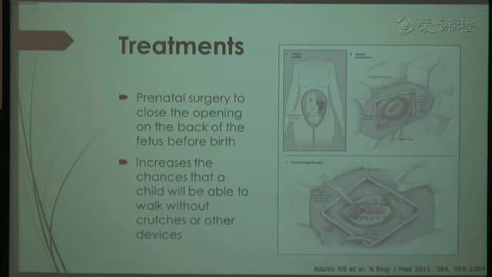They found that it's better to do the prenatal surgery, which means that before the pregnant woman gives birth, they operate to remove the protrusion and repair the myelomeningocele. This increases the chance the child will be able to walk without crutches later. So basically, if this can be done, they usually use this surgery.